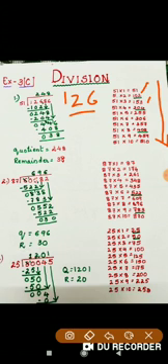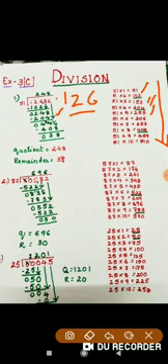That is, we got the number as 204. 4, because 5 is 255, which is greater. So we will take 4. 51 4s are 204. So we will subtract 204 from 248. When we subtract, the difference is 44.